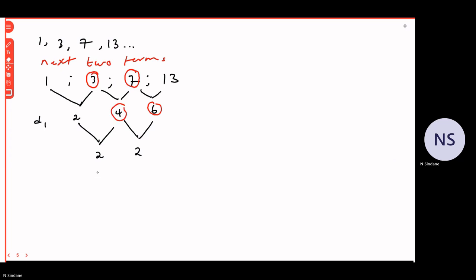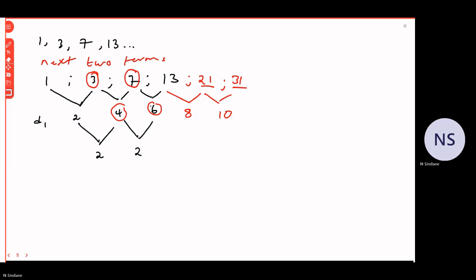Now 13 plus 8 gives the next term, which should be 21. I told you this is 2, 4, 6, 8. It will be 10 here. So 21 plus 10 is 31. Those are my next 2 terms, right? I hope you understand. That is how I calculate my next 2 terms.